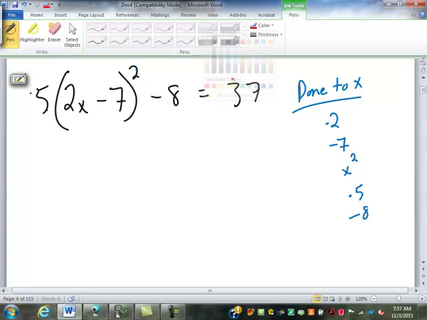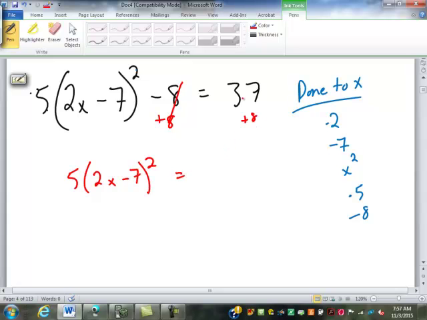Well, now we do the same thing. We take it all apart. Add 8. So what's left here is 5 times the 2x minus 7 squared. 37 plus 8 is 45. Then divide by 5. So the 2x minus 7 squared, 45 divided by 5 is 9.